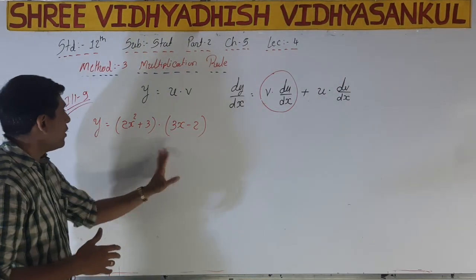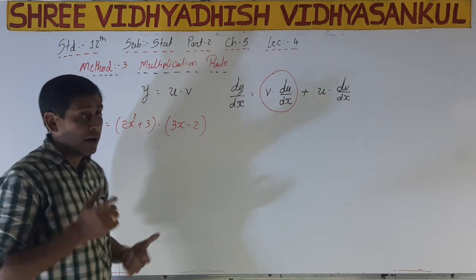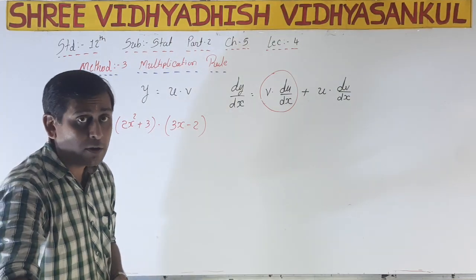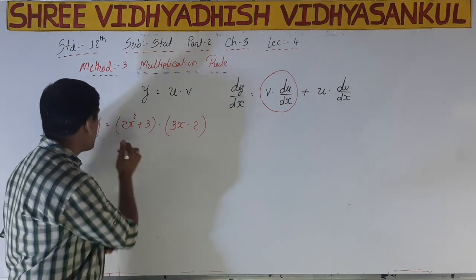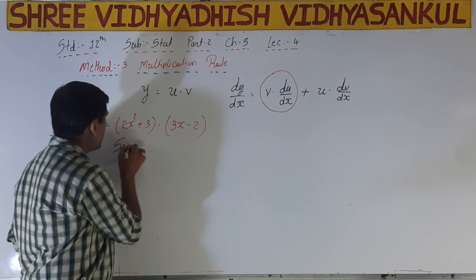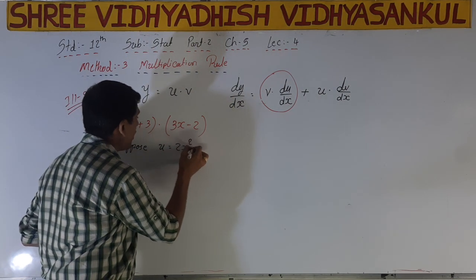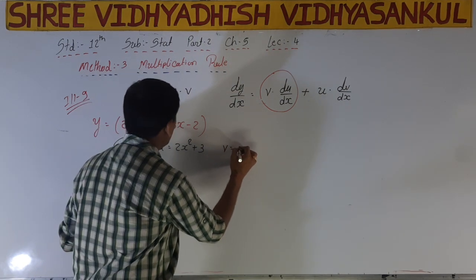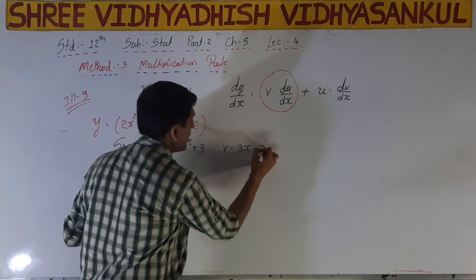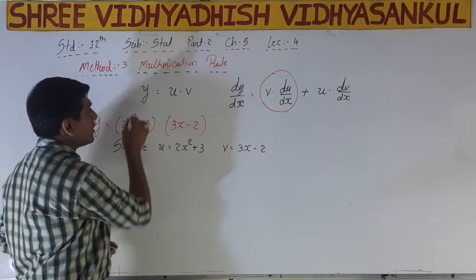These are the questions, and first of all suppose that this one is u and this one is v. So we write u is equal to 2x square plus 3 and v is equal to 3x minus 2. Now see here, this is the formula.